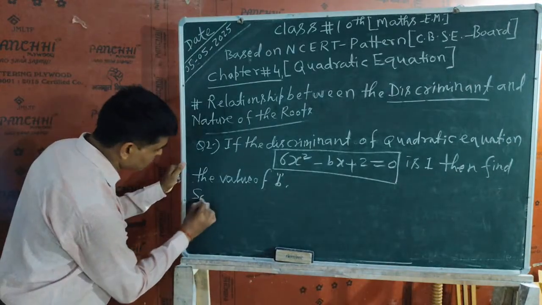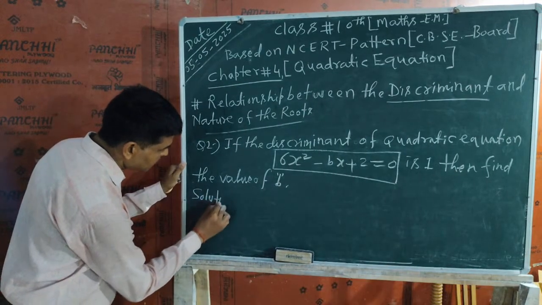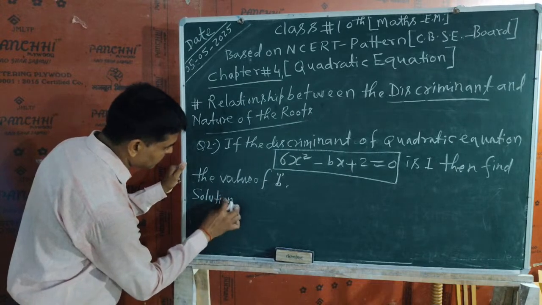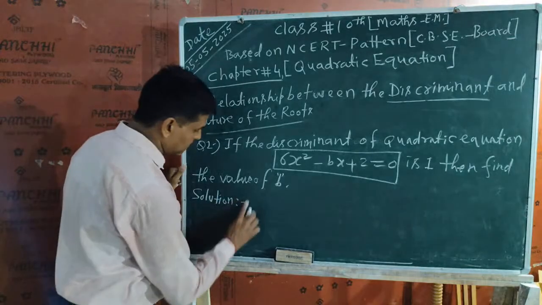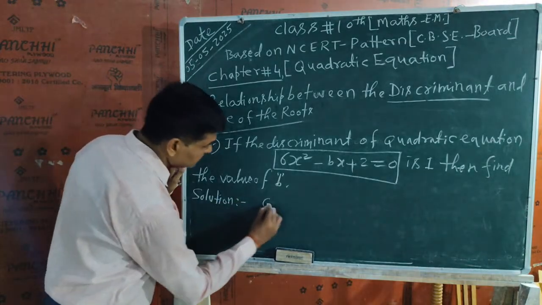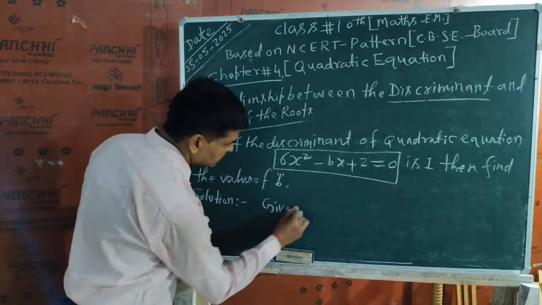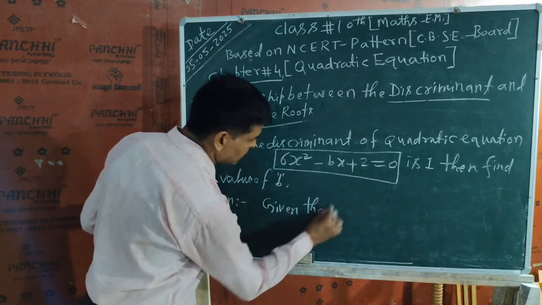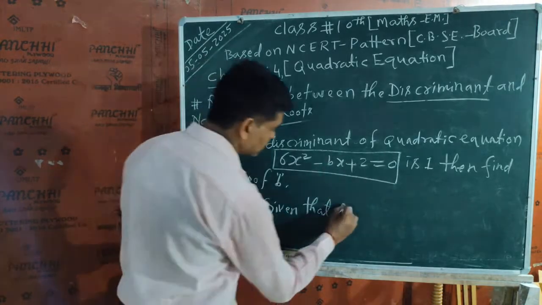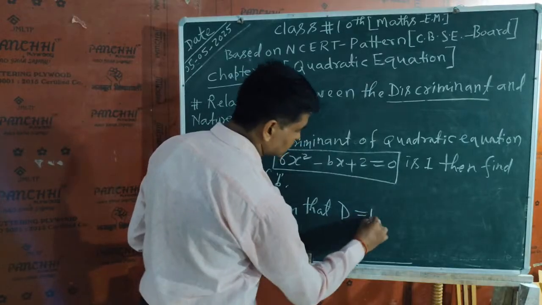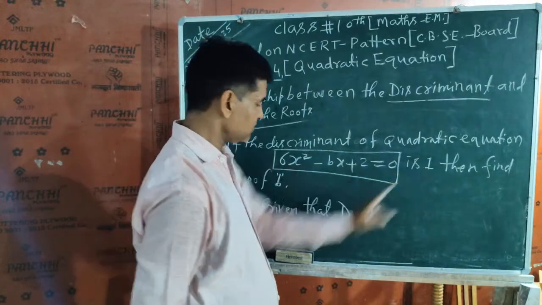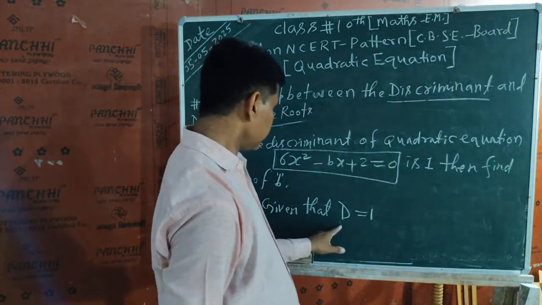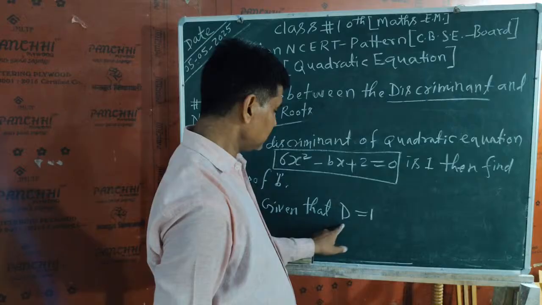Okay, students, so here you have to write the solution, that is step number 1. You have to write here: given that. So in the question, given that the discriminant of the quadratic equation is 1. So the given information is D is equal to 1.